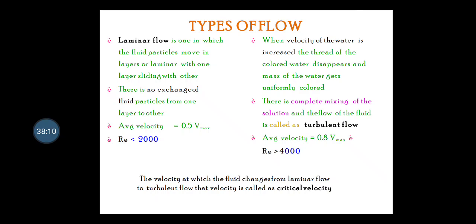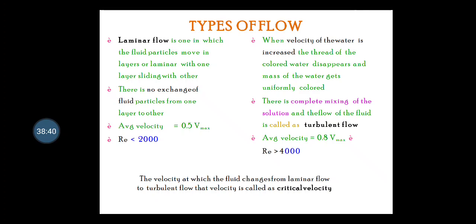In laminar flow the average velocity is equal to 0.5 V max, whereas in turbulent flow the average velocity would be 0.8 V max, where V max is the maximum velocity. The Reynolds number doesn't have any unit, we know that. In case of laminar flow it would be less than 2000, but in case of turbulent flow it may be more than 4000.